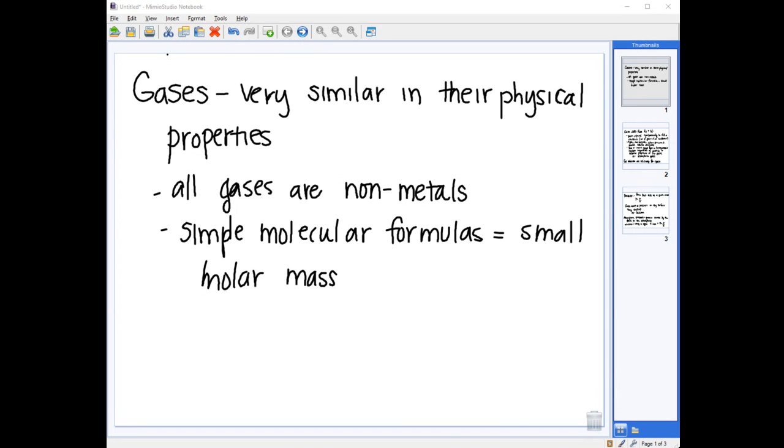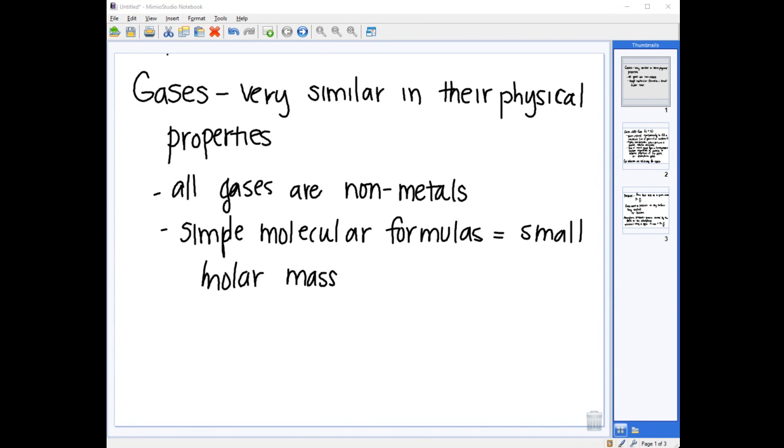All gases are nonmetals, or made up of nonmetals, and their molecular formulas are pretty simple. That means they have a smaller molar mass than what we would consider with solids or liquids. We have looked at several solids and liquids. For example, sucrose is one that we've worked with in some of our stoichiometric calculations.